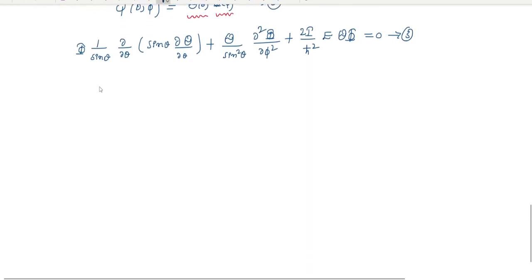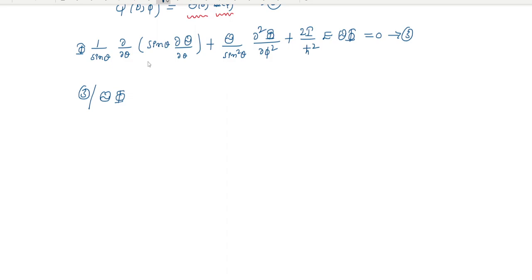Now I'm going to divide equation number 3 by the function theta and pi. Why am I doing this step? We need to solve this equation such that the left hand side should be one function and the right hand side should be one function.